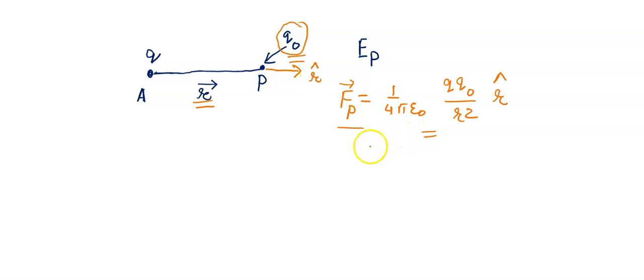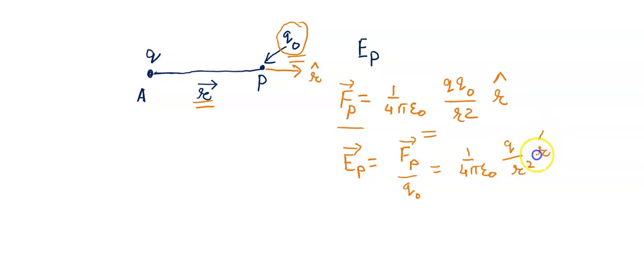Now the electric field intensity at point P can be given as F_P vector upon q naught, and that is equal to 1 upon 4 pi epsilon naught q upon r square r cap. Can we write it like this? Because we took this q naught to the other side, and this is nothing but the electric field intensity at point P.